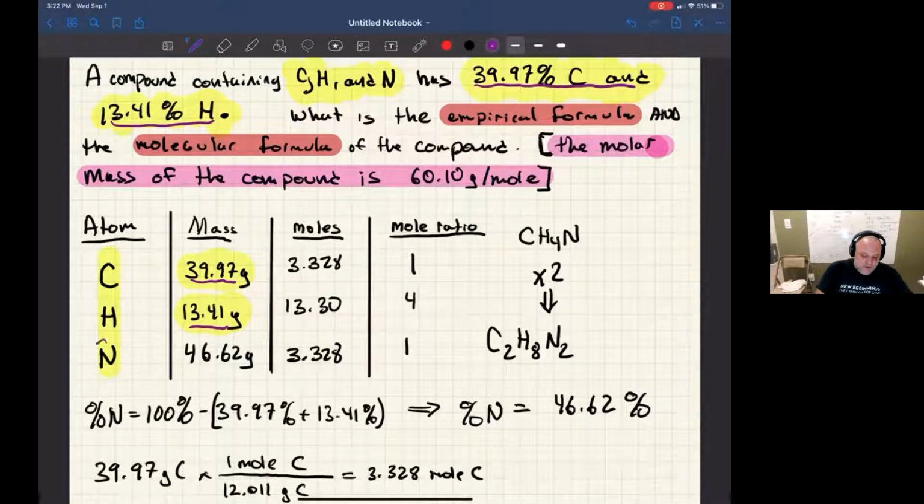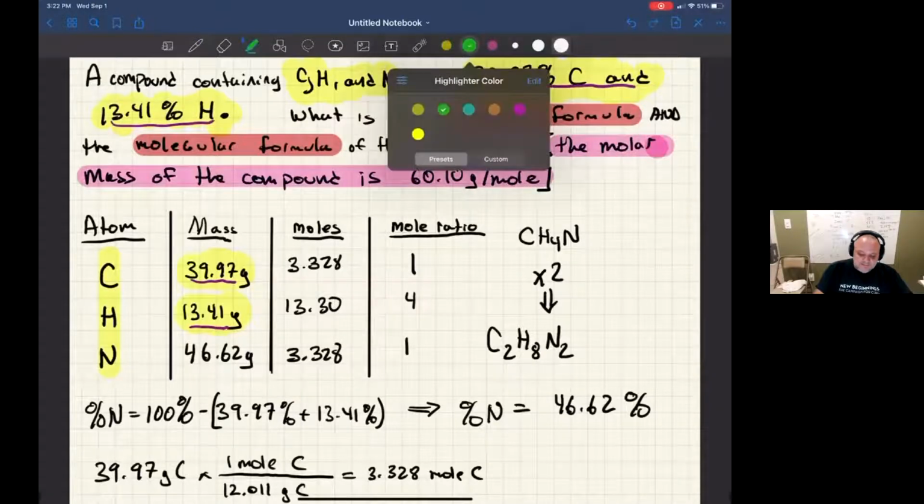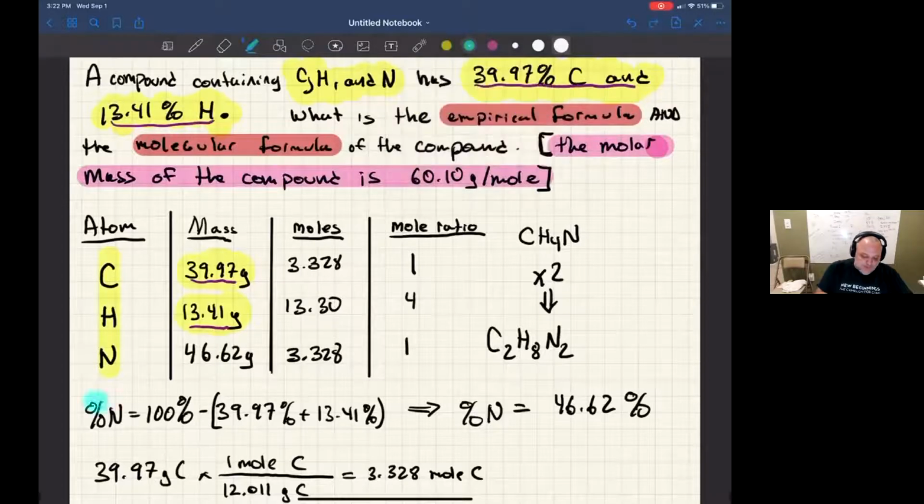But what's going on with nitrogen? How did I figure out how many grams of nitrogen there are? Because the problem doesn't say anything about the mass percent composition of nitrogen. Well, what do we know? We know that any mass percent compositions all have to equal 100%.